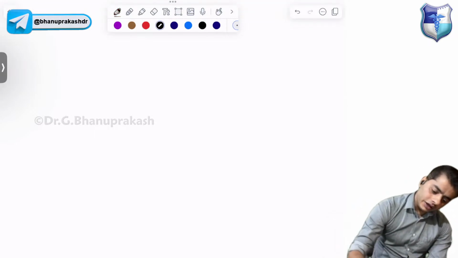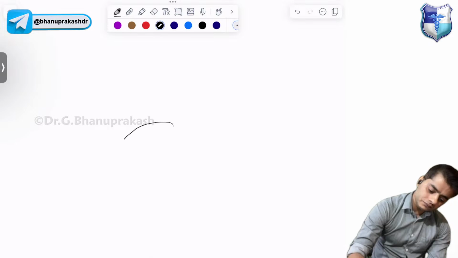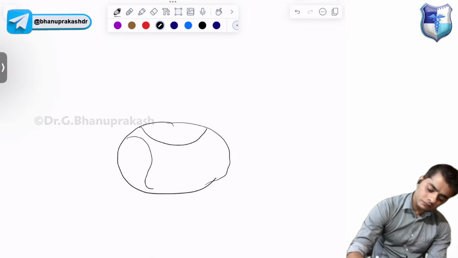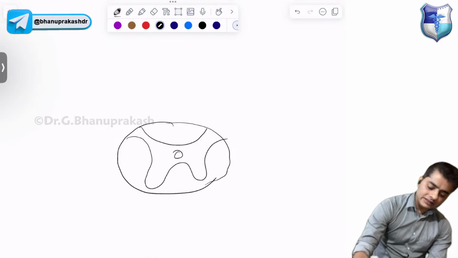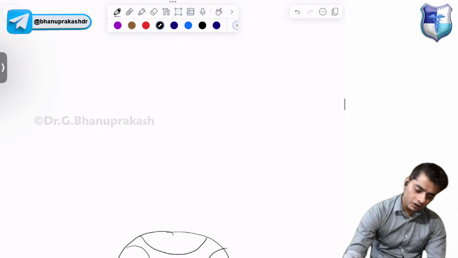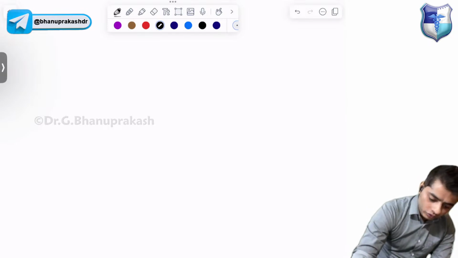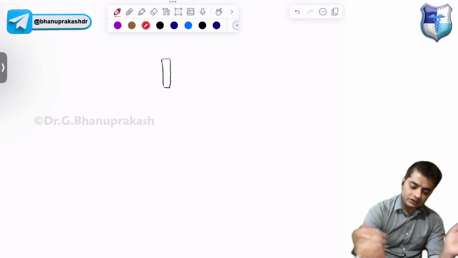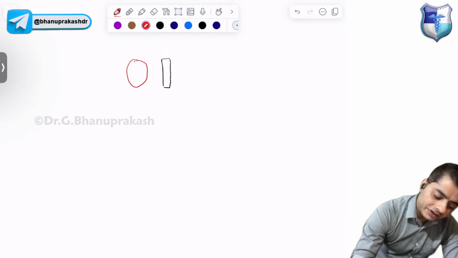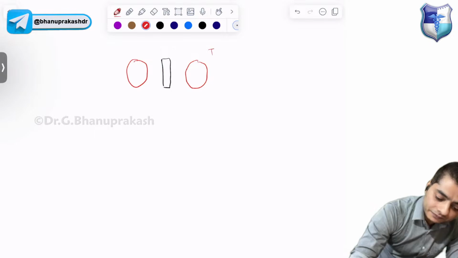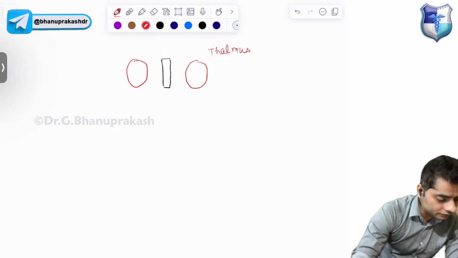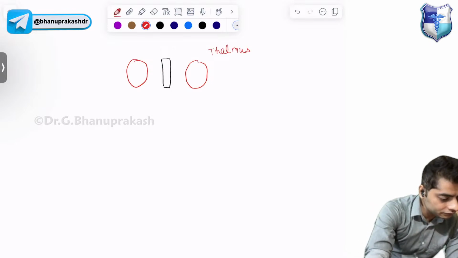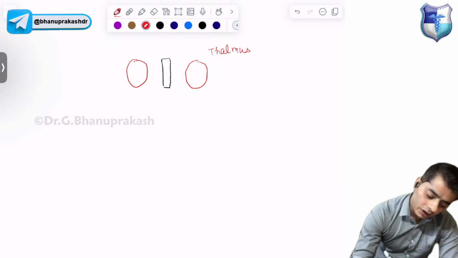Now, I will again draw a diagram of the spine. And this is the central canal. Now, when we go above, we know that there is the third ventricle, and on the side of the third ventricle is our favorite section, the thalamus.